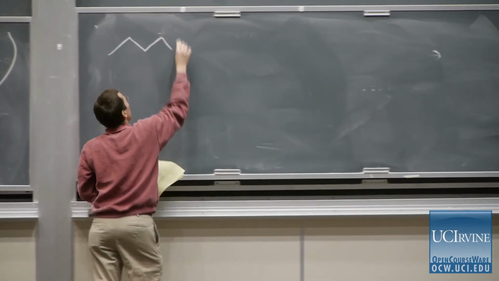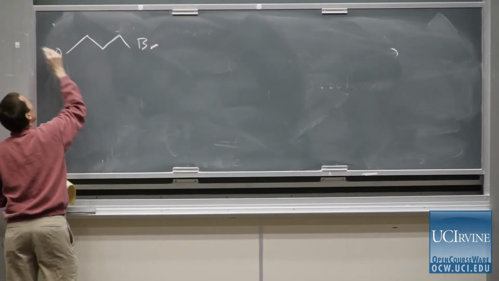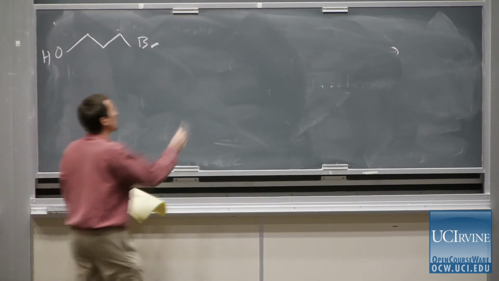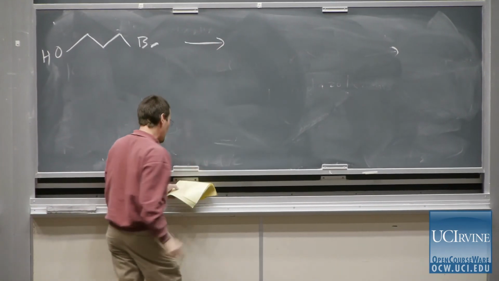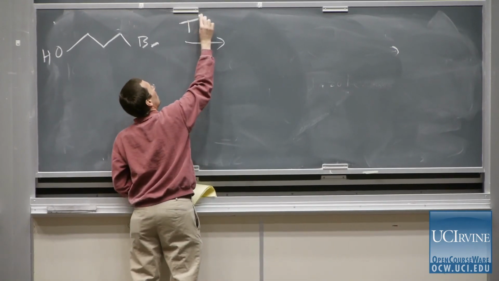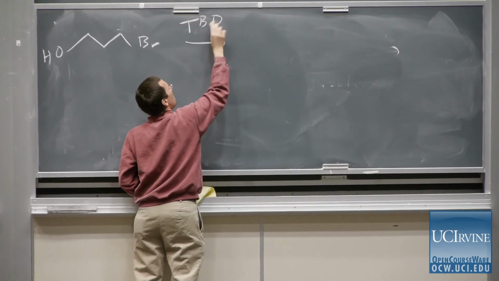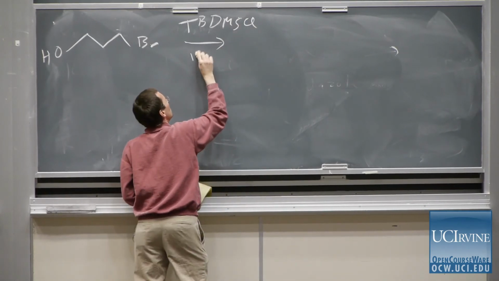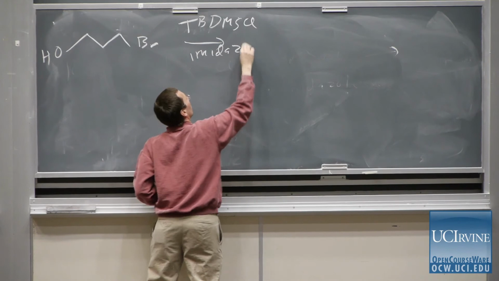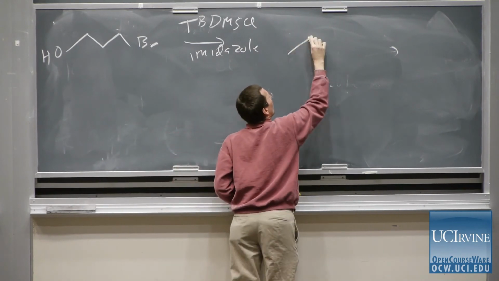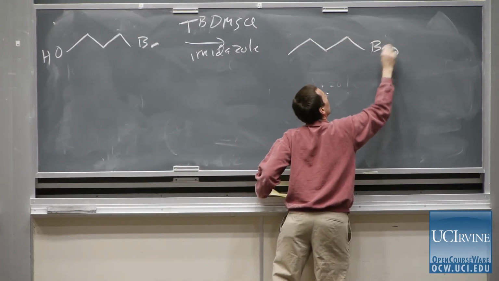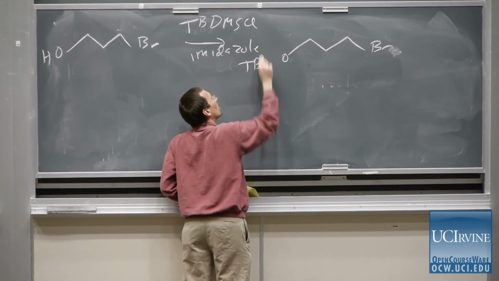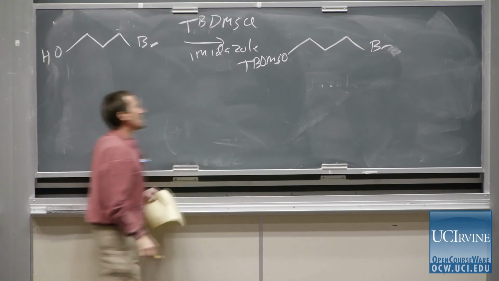So imagine that we take 3-bromo-1-propanol, just as we did before, but instead of treating it with magnesium and ether, we treat it with TBDMS chloride and imidazole. Now we would get the TBDMS ether.